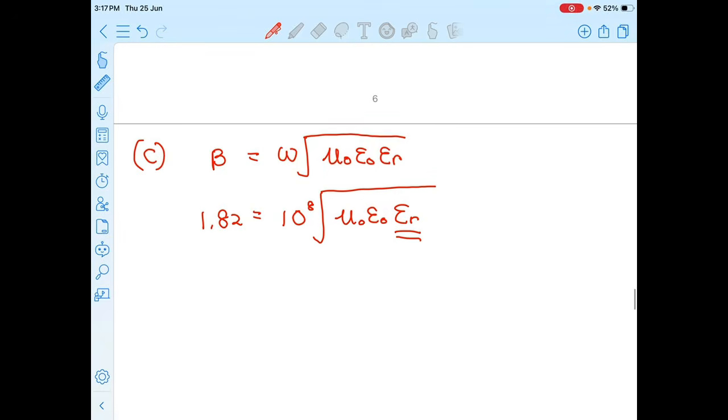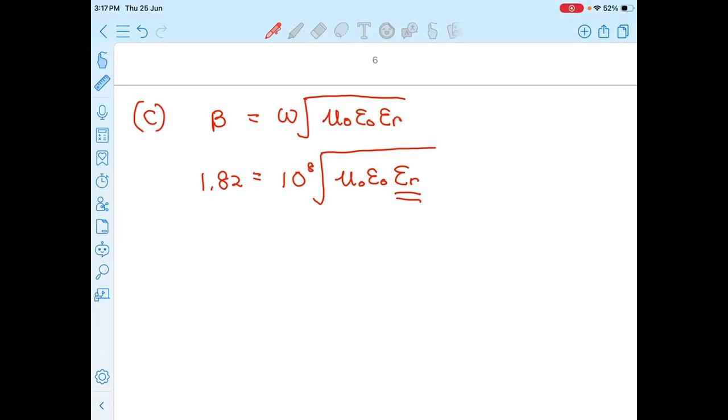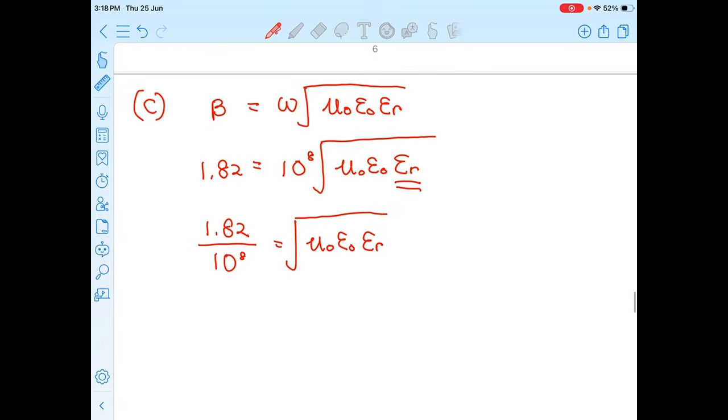Let's calculate by taking beta, divided by 10 power 8, equals the square root of mu naught, epsilon naught, and epsilon r. If I want to remove the square root, I have to square both sides.